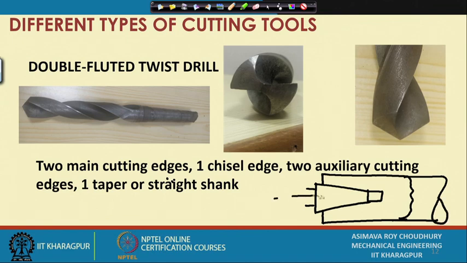So, this is the axis line. This is how a drill can rotate in an exactly coaxial manner with the axis of rotation.